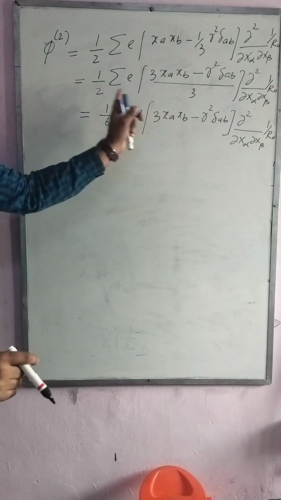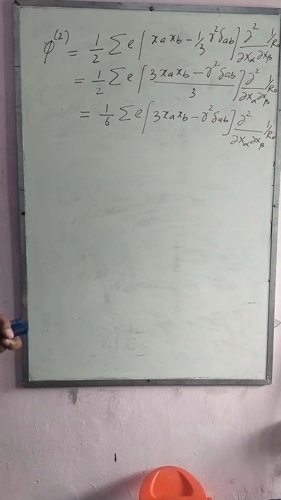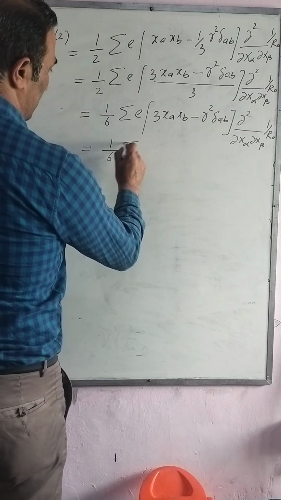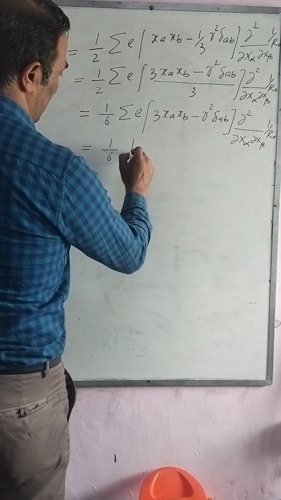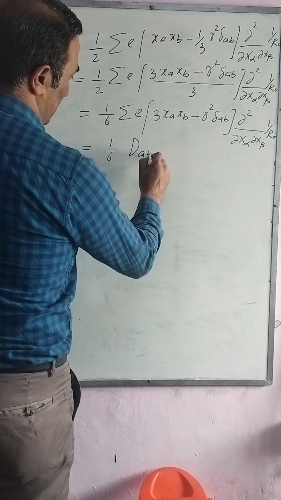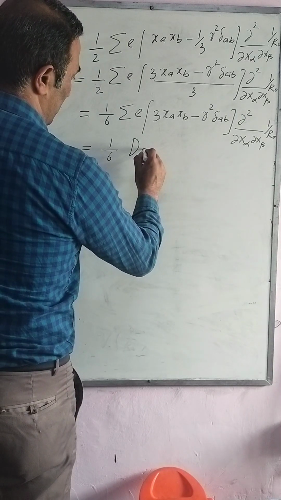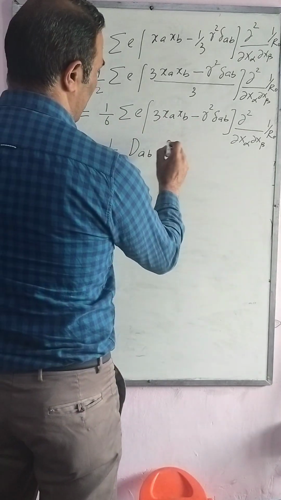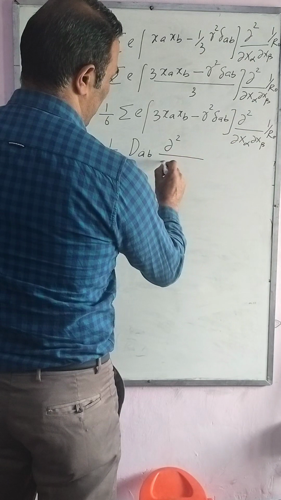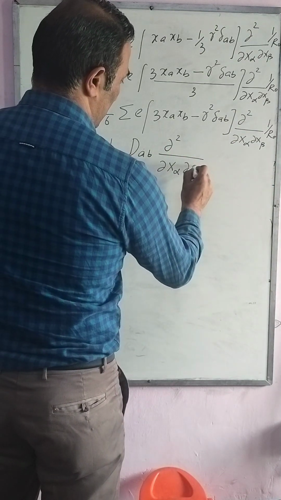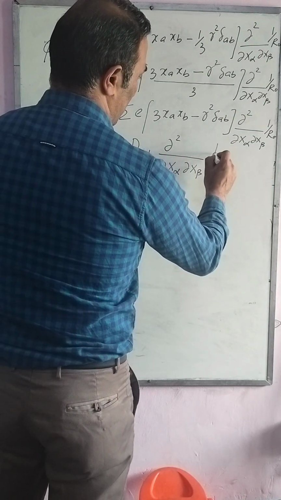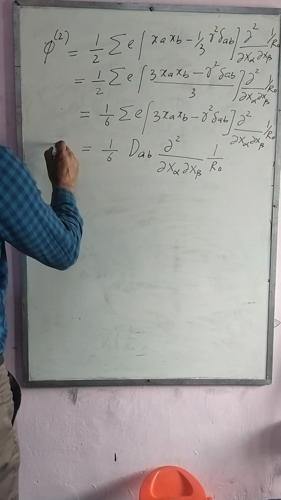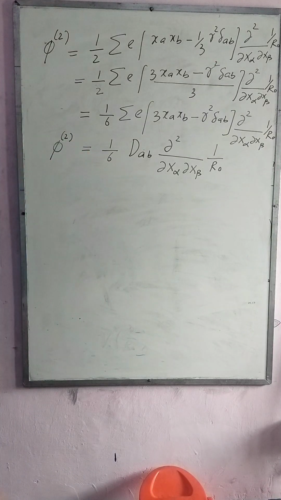I simply multiply this by this, so this will be 1 by 6 this time, right? Or you can write this as 1 by 6, this will be D of AB, or you write alpha beta here, because we have AB here, so partial 2, right? Okay, so this is our phi 2 term, this is our product term, okay?